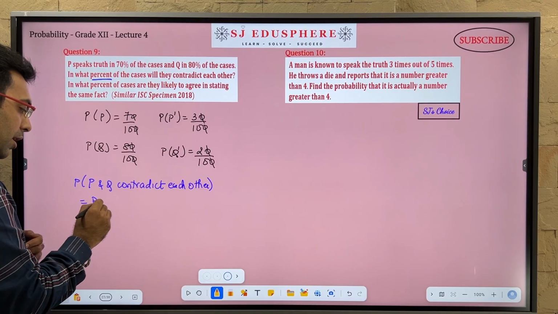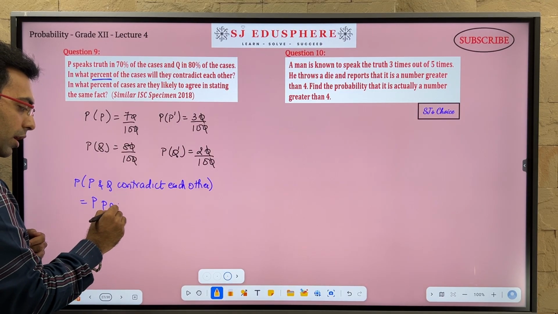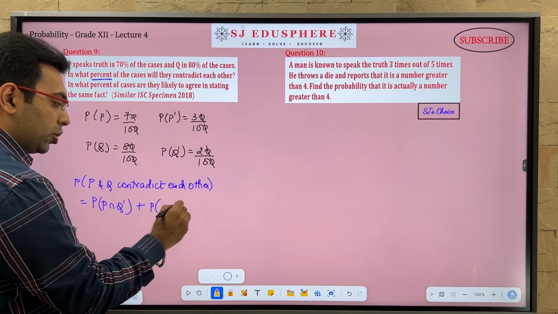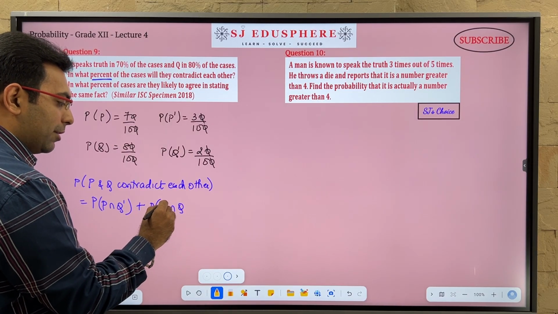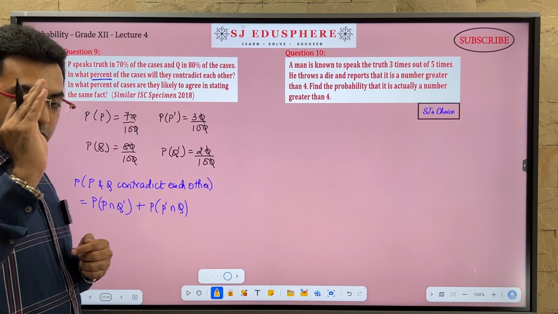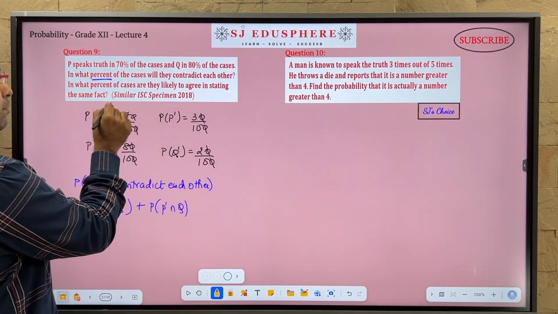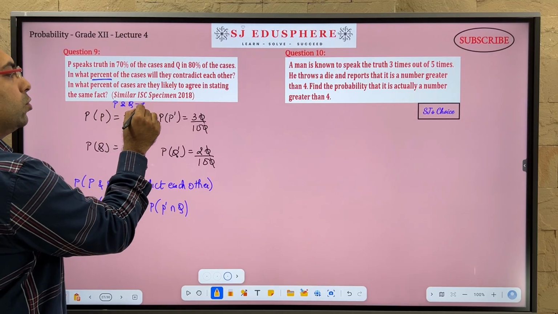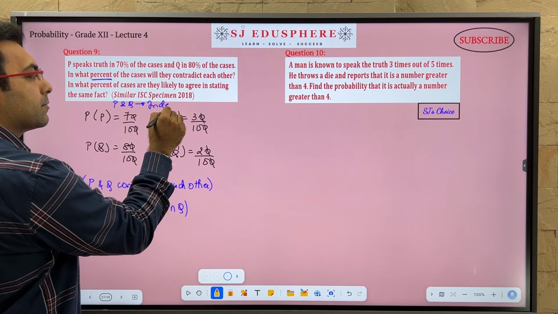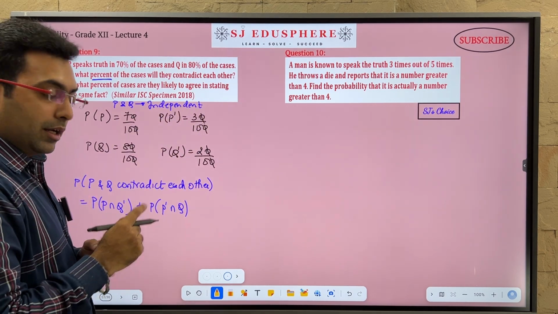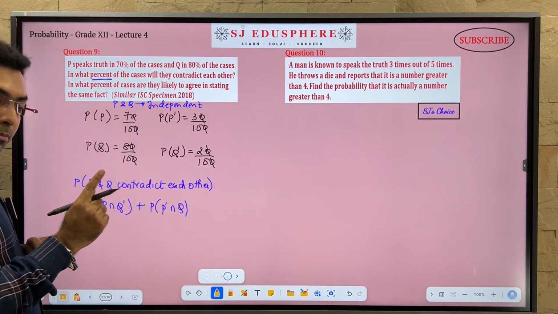Means P speaks the truth and Q does not, or else Q speaks the truth and P does not. Does your answer depend on me? No. In this case, P and Q are independent. Now, when they are independent, the intersection becomes the product.